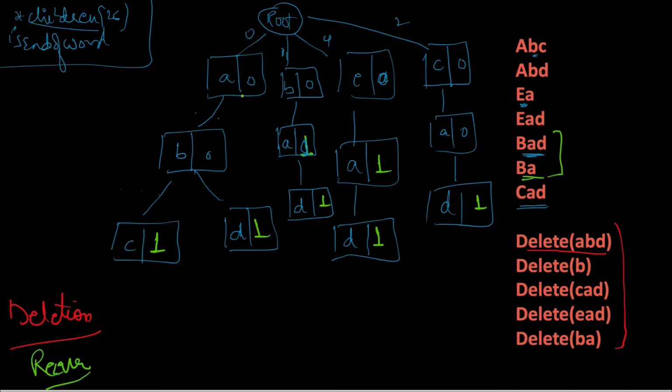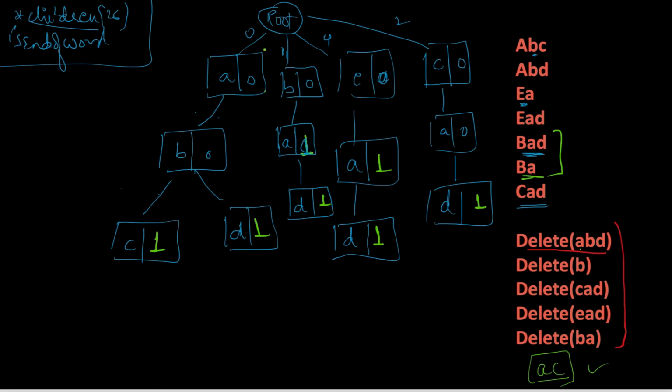If A is not the end of the string, we come further down, and there can be a string that does not exist in the trie. Say we want to delete the string AC and we move further down and do not find that node. There are different conditions, and we'll walk over the code as well.